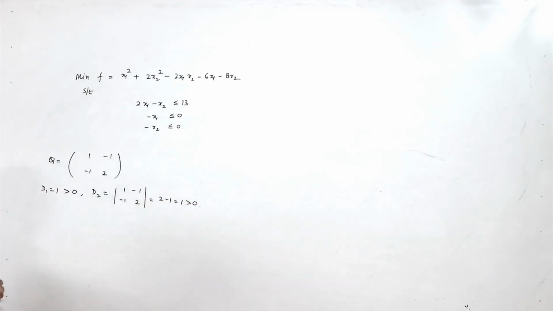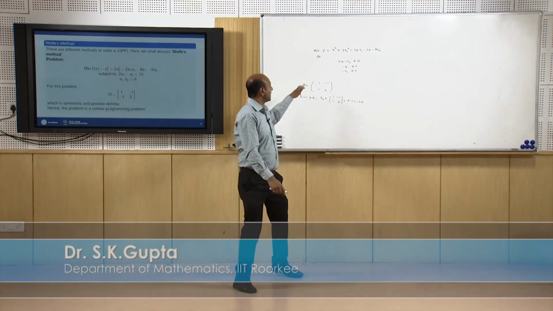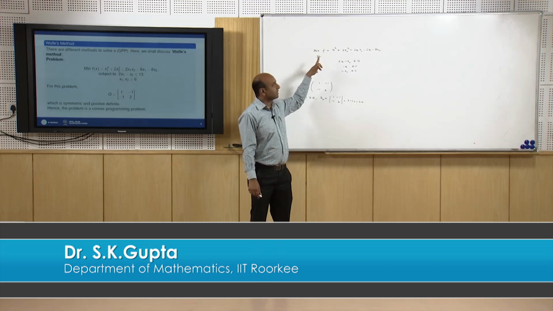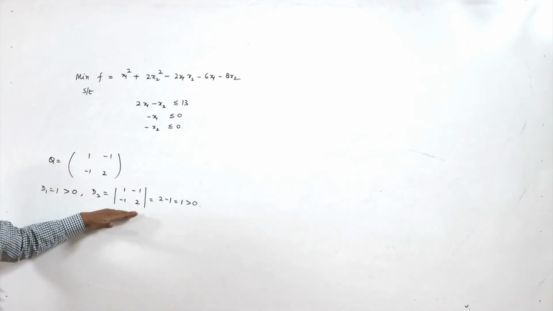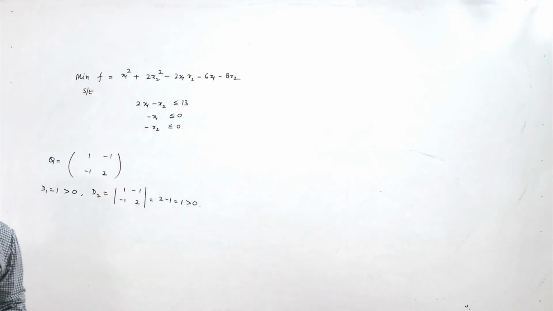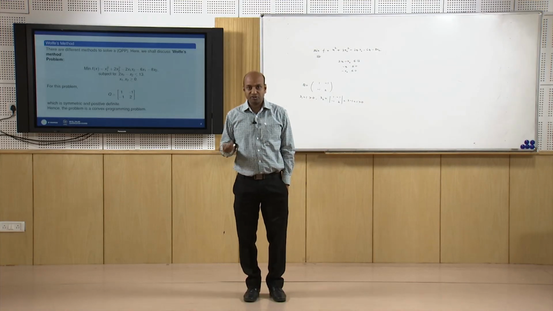So, this Q is positive definite and hence the function f is convex. So, it will be a convex programming problem, and the KKT conditions which we obtain become sufficient.